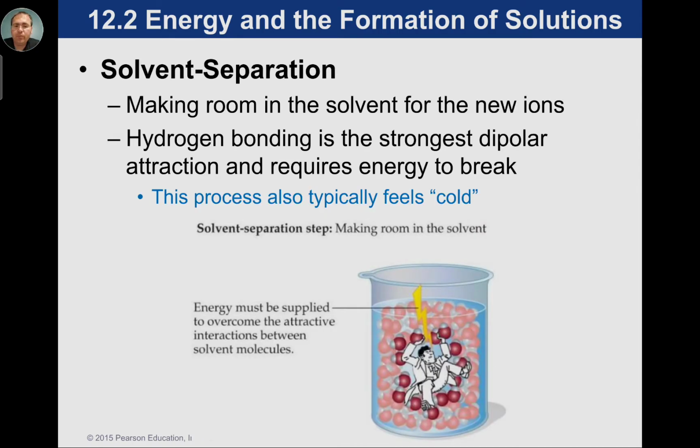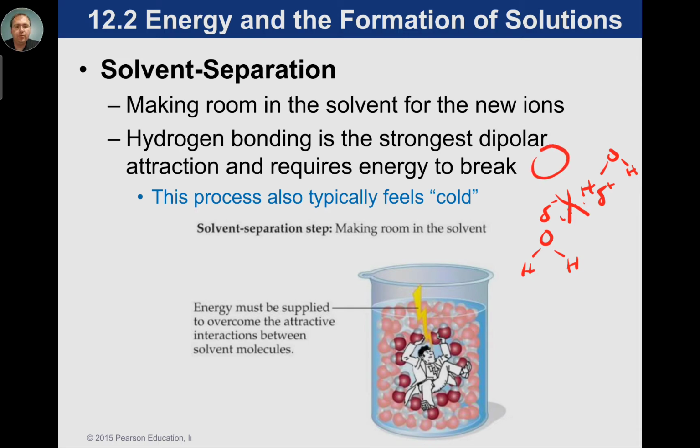In the solvent separation step, what we have now is water has to make room from other water molecules. So as we have some hydrogen bonding between water molecules, we have very negative oxygens attracting hydrogens from other water molecules that are very positive. So that hydrogen bonding that is holding the water together as a solvent, this attraction has to be broken.